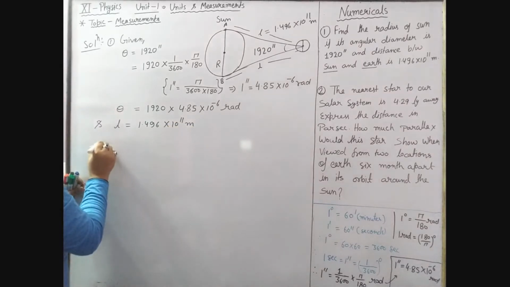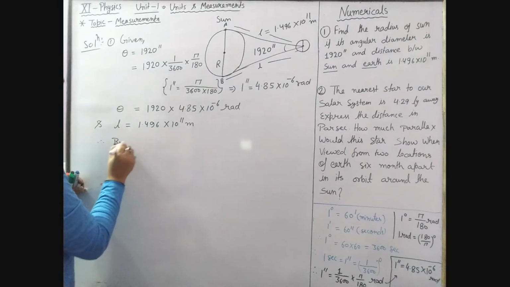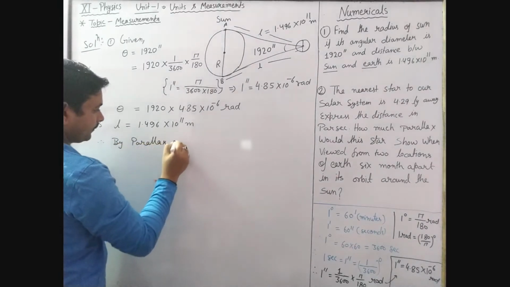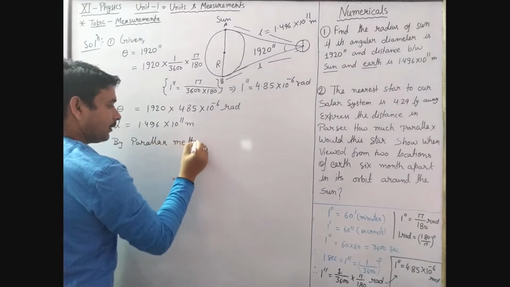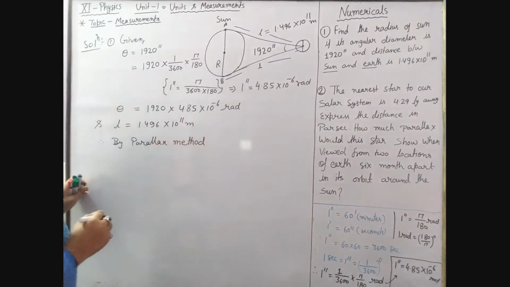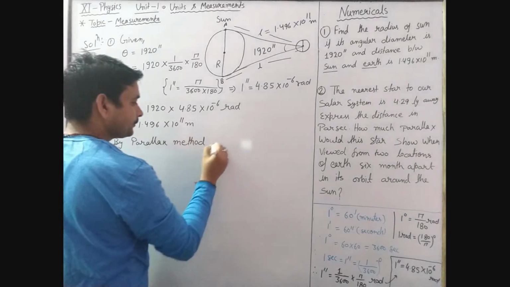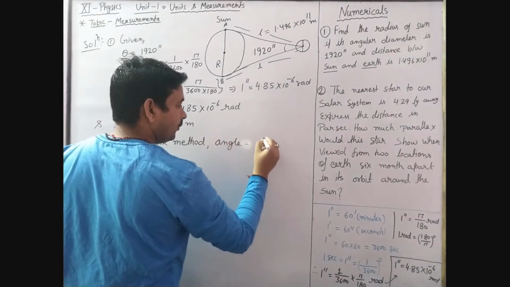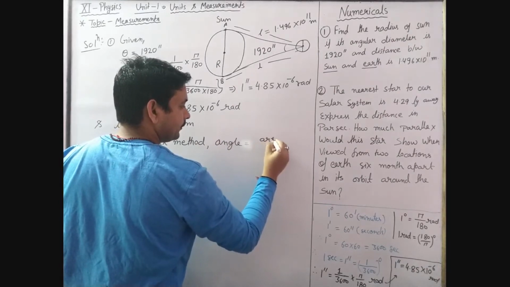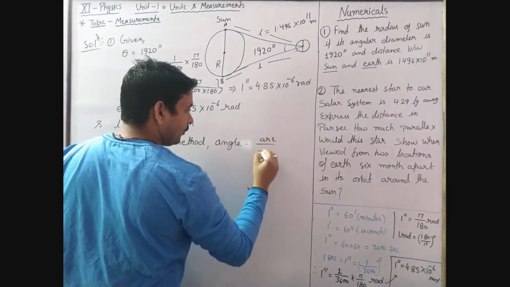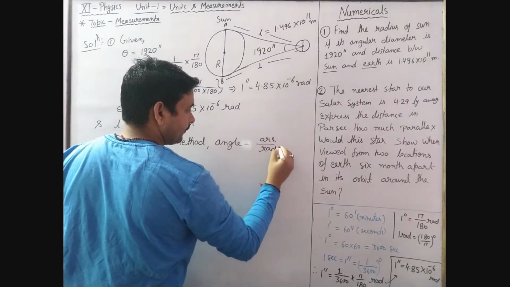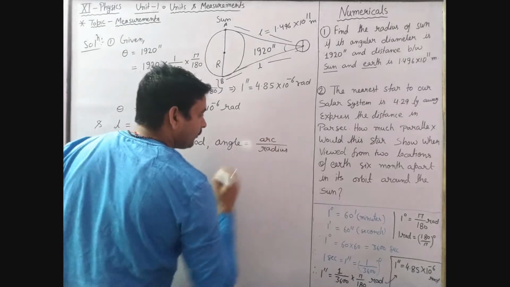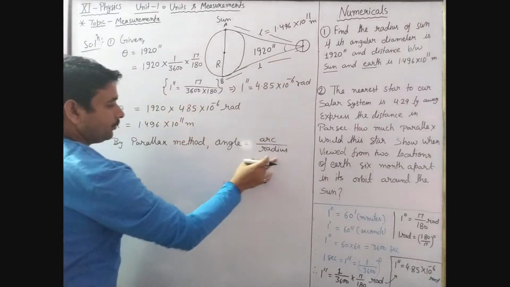Now by parallax method we have the result that angle is equal to arc upon radius.